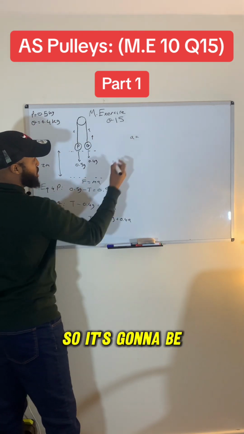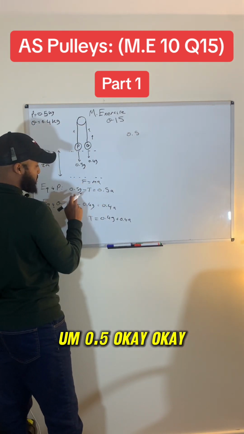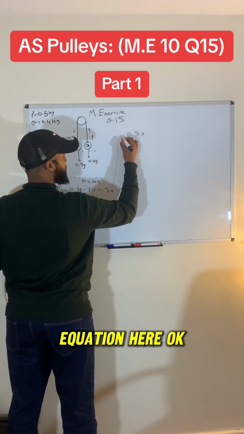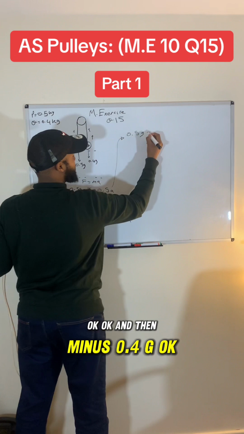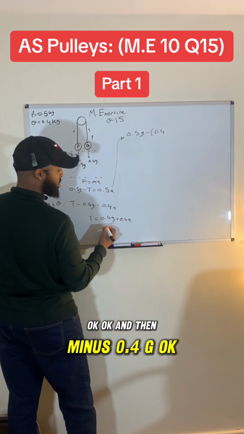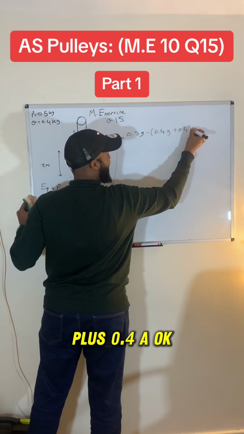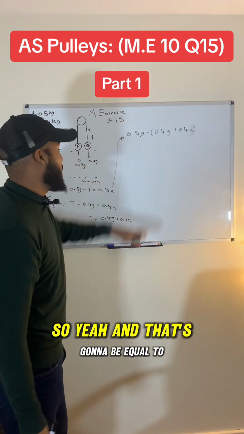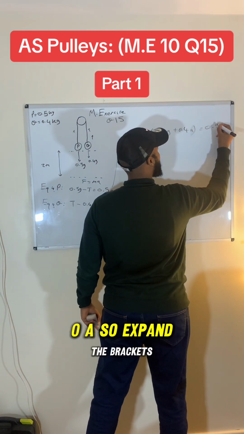Okay, so it's going to be 0.5 G, I'm just putting down this equation here, and then minus (0.4 G plus 0.4 A). Yeah? And that's going to be equal to 0.5 A.